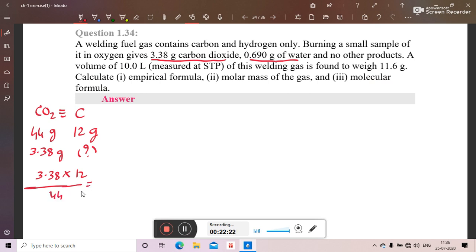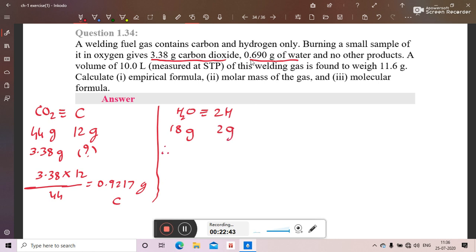So 3.38 into 12 upon 44. So that will be 0.9217 gram carbon. Then 1 mole of H2O is equivalent to 2 moles of hydrogen. Now molar mass of H2O is 18 gram. So 18 gram water is obtained from 2 gram hydrogen.